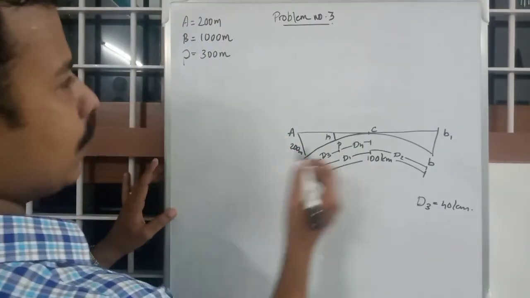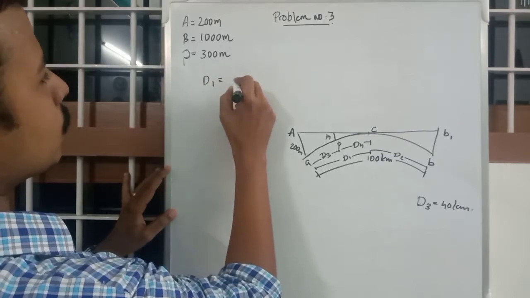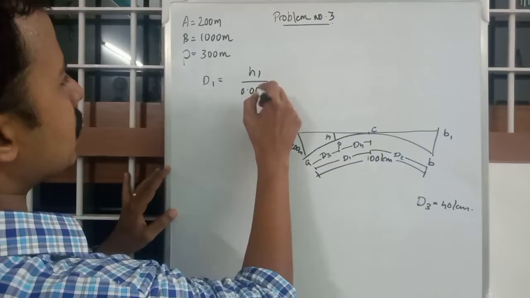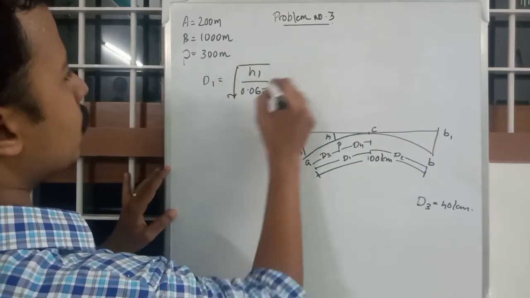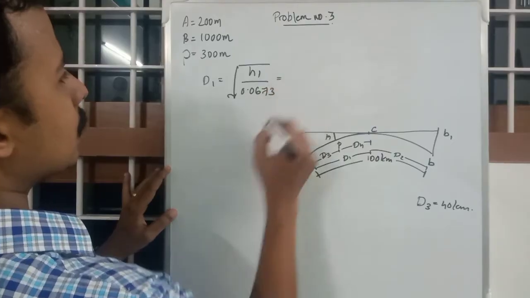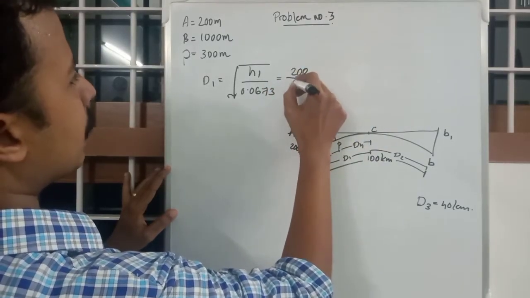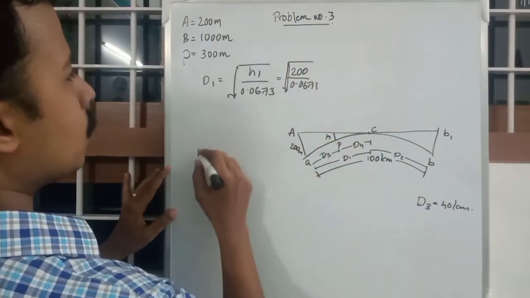What is D1? D1 is equal to H1 by 0.0673 whole root, that is 200 by 0.0673 whole root.